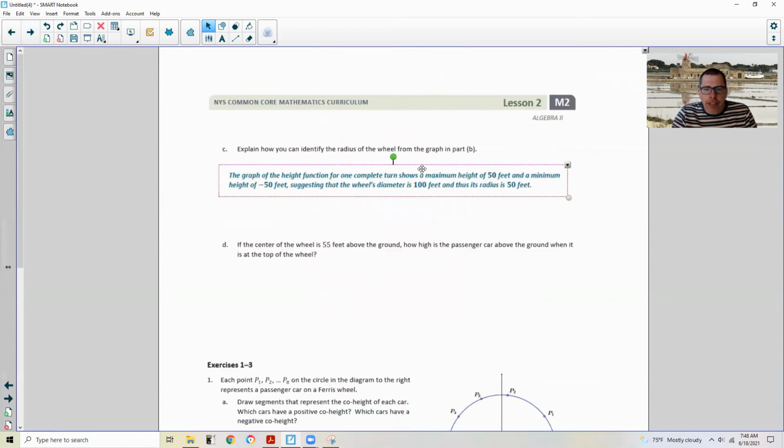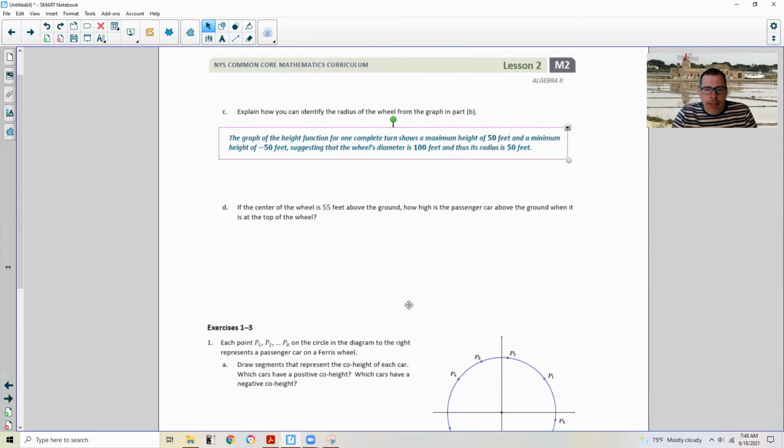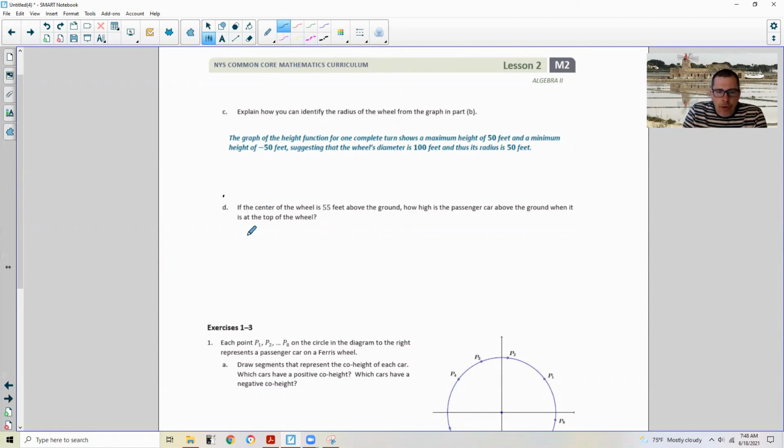Okay, so part D says if the center of the wheel is 55 feet above the ground, how high is the passenger car above the ground when it is at the top of the wheel? So you would have center plus radius equals maximum height. Think of it that way.